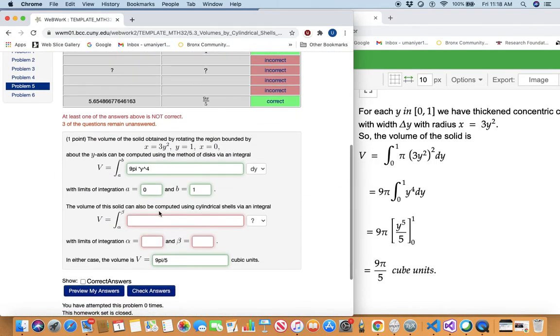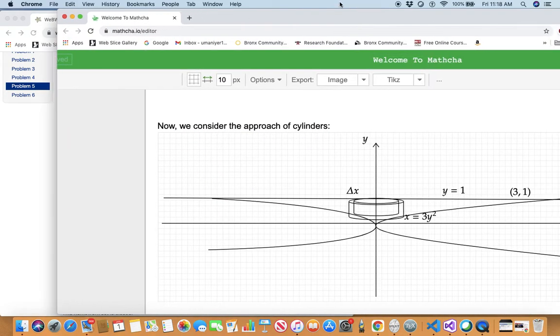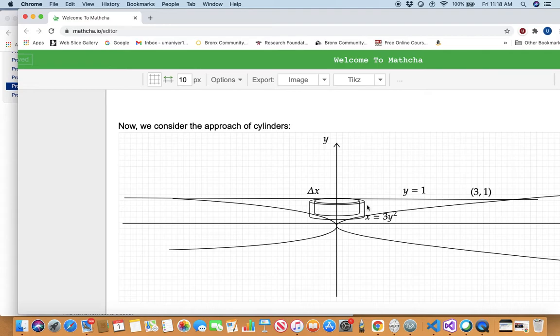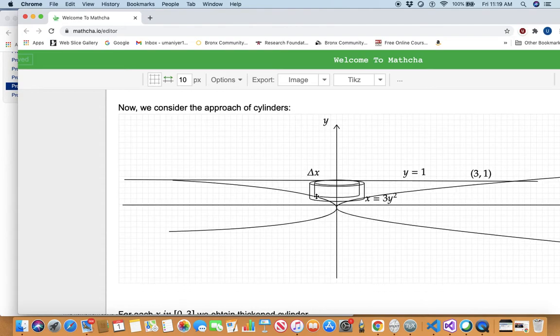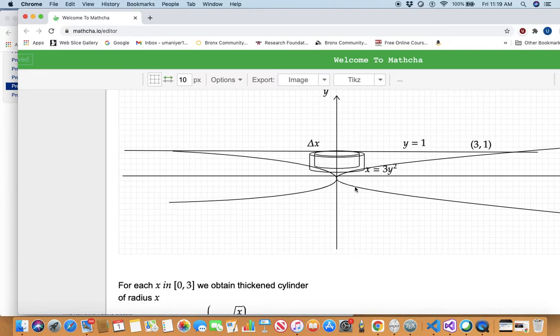Now the next part is using cylindrical shells. So that's the region, and you rotate it about the y-axis. You have cylindrical shell going up, down. In other words, thickness is delta x, which tells us x goes from 0 to 3, right? We come up with thickened cylinders.